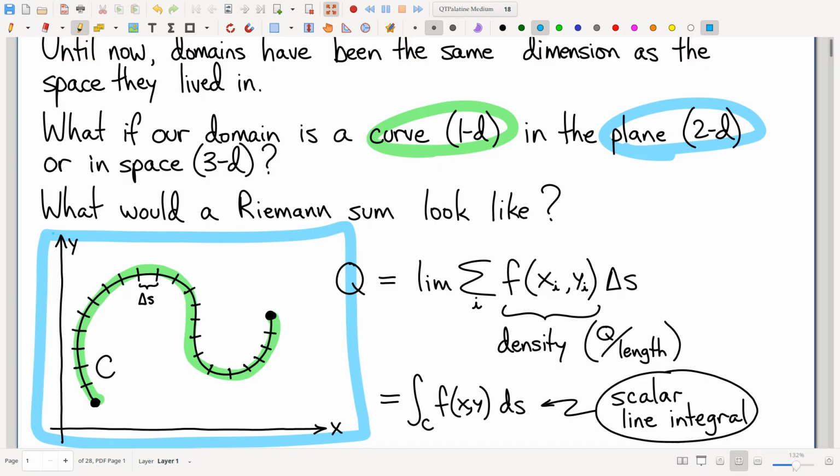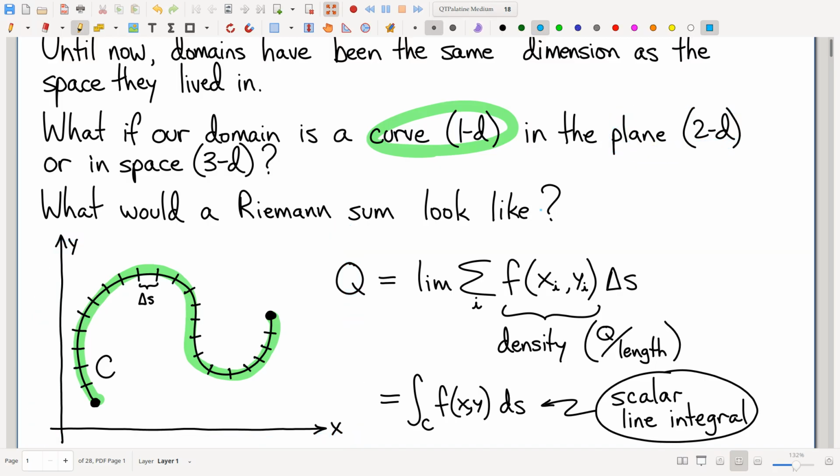But area is not a useful concept to describe this curve. But it lives in a two-dimensional world where area does make sense. So this is strange, right? We do not have a pre-existing notion of integral that makes sense on this domain. And yet, it is perfectly reasonable that we might want to add stuff up over a curve, right?